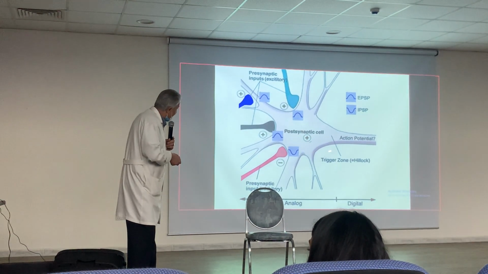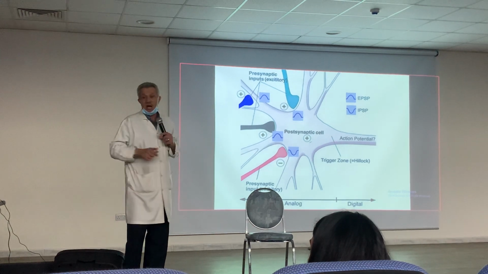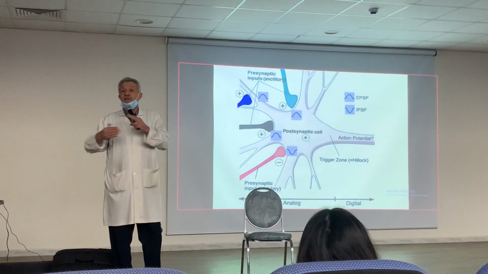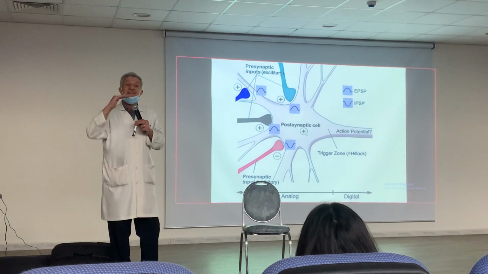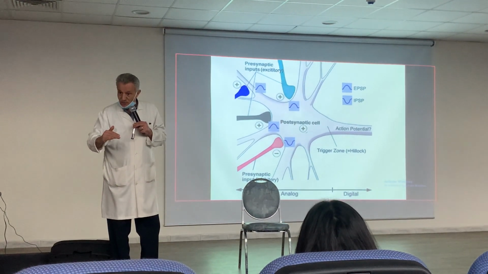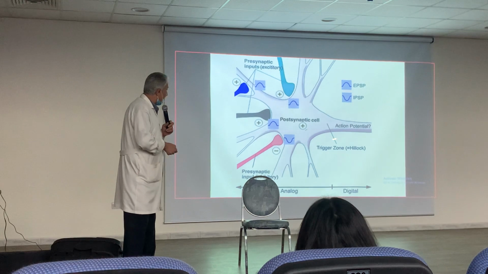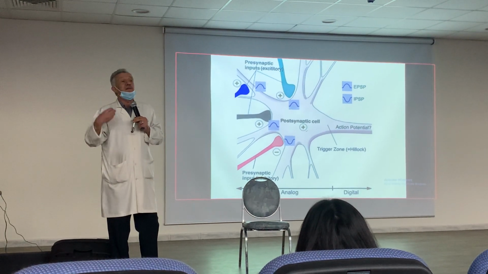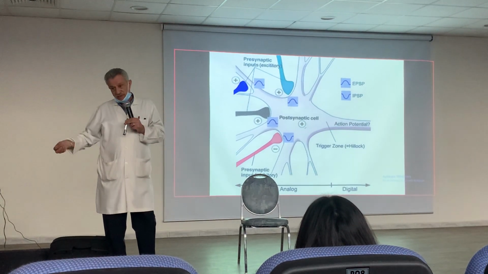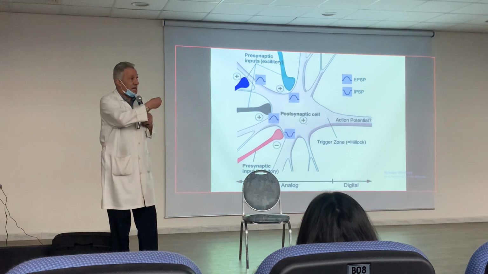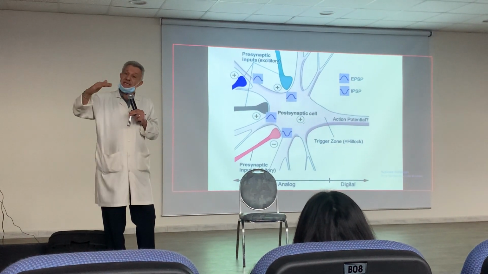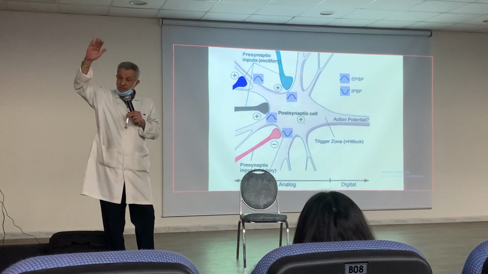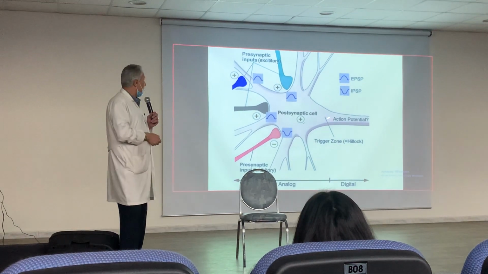Now the decision takes place at the axon hillock. If by the sum of all these potentials you have reached the threshold, then, since that part has plenty of voltage-gated channels, more than the rest of the cell body, you generate an action potential.